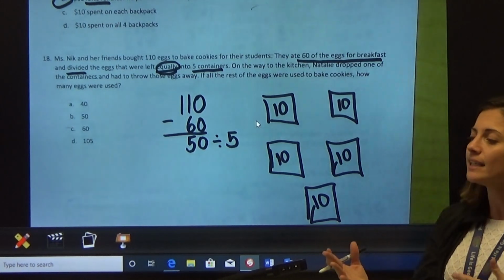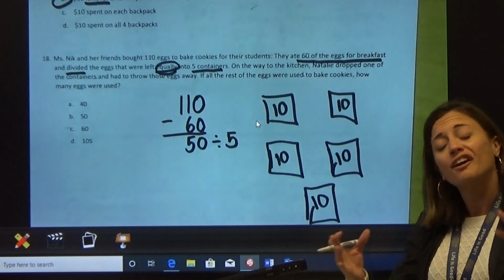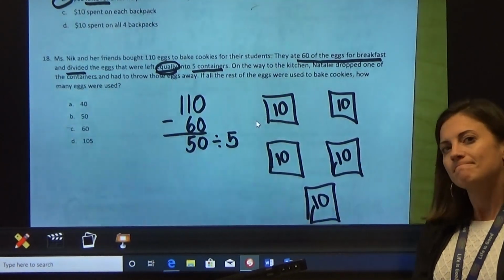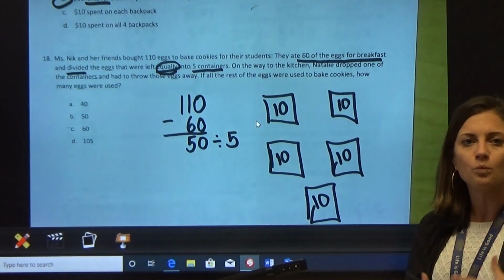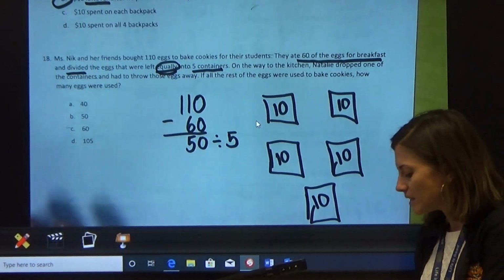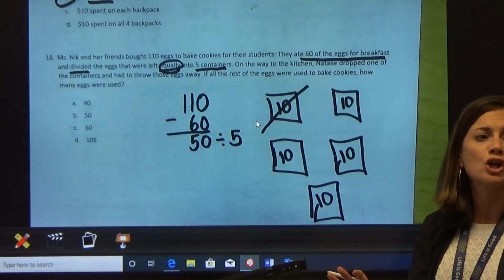And I go, hey, Natalie, can you go put this in the refrigerator until it's time to bake? She goes, sure. She picks them up and carries them. But Natalie's clumsy, so Natalie trips and drops one of the containers. That means one of my containers breaks and those eggs are gone.